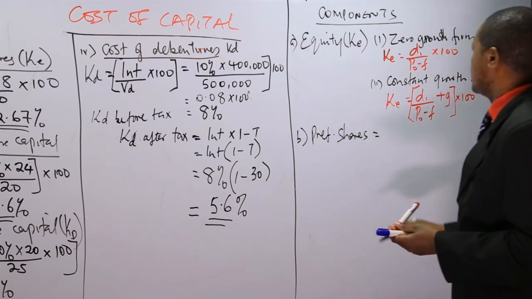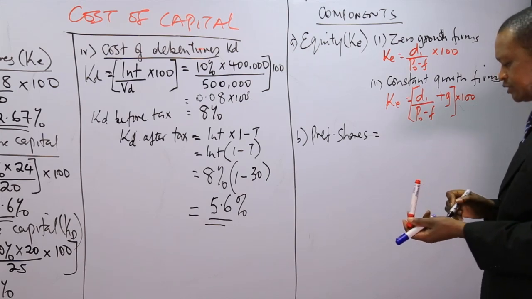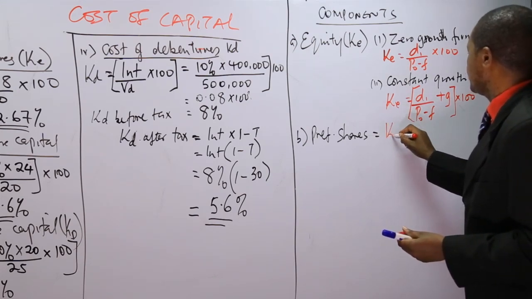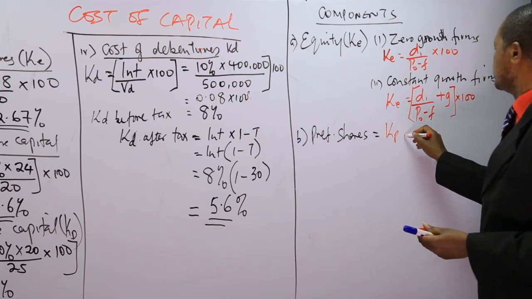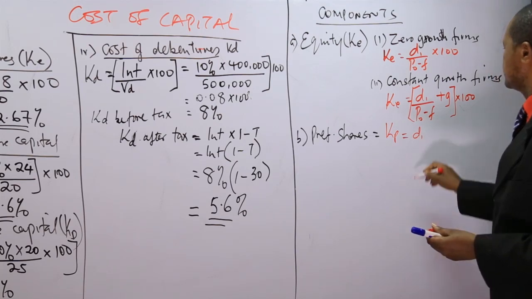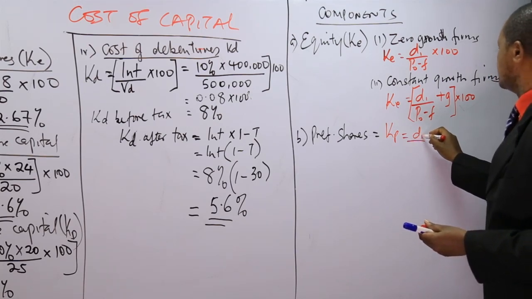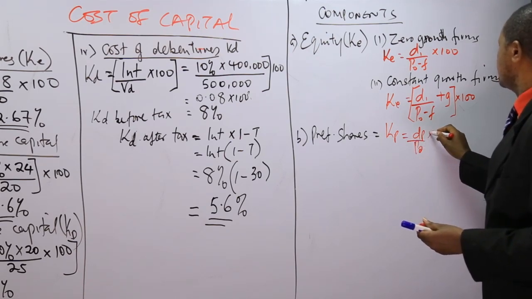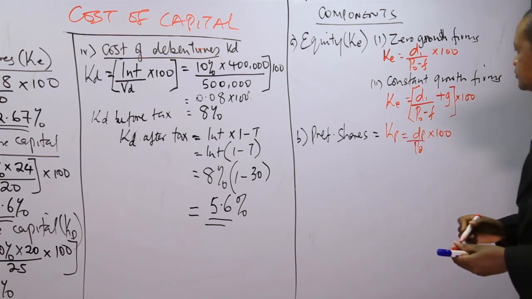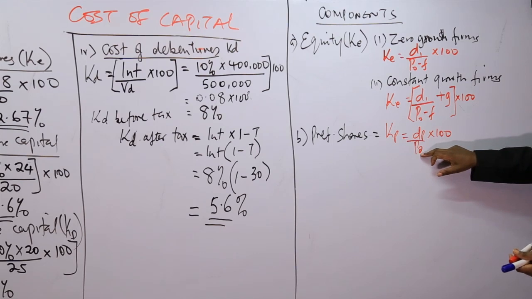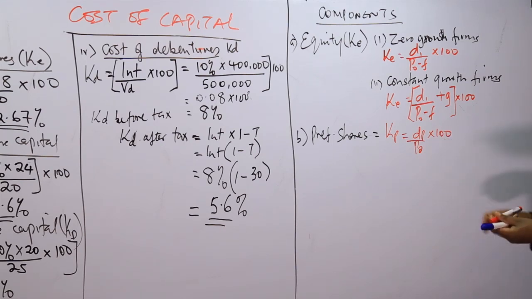The formula for preference shares, KP, is equal to D over P0 times 100. So it is simple. Take the dividend per share, divide by the market price per share, multiply by 100.